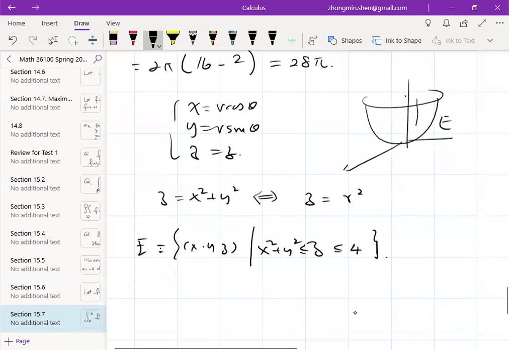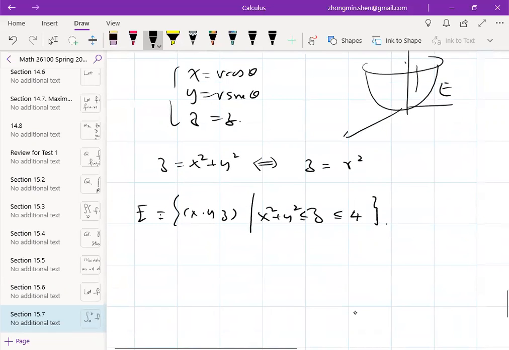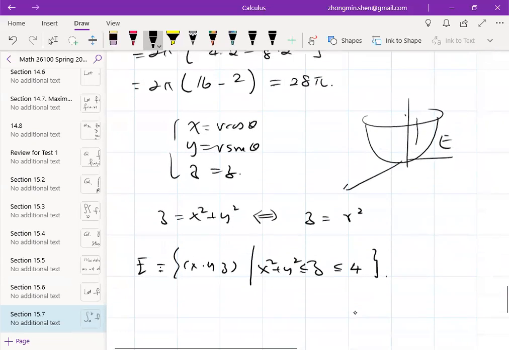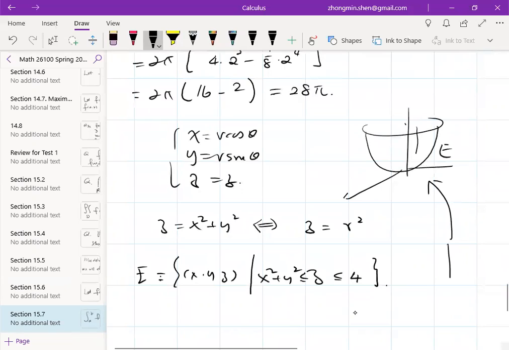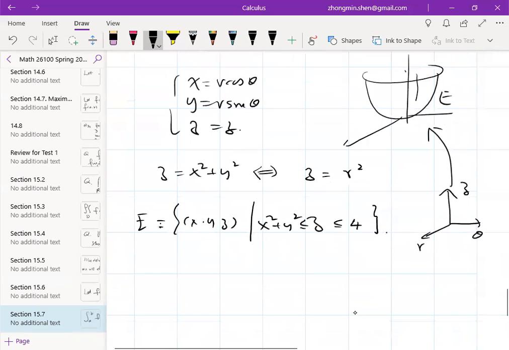okay? But this can be described by a map, right? You have the cylindrical coordinate system, okay? But in the cylindrical coordinate system, you have a cylinder actually. You will get a cylinder mapping to it.